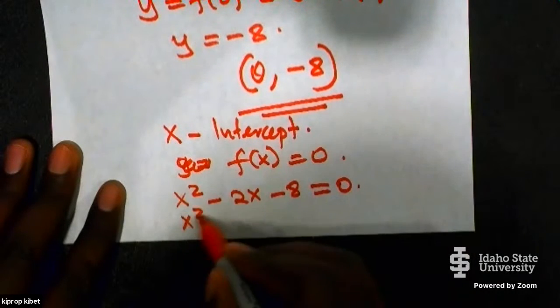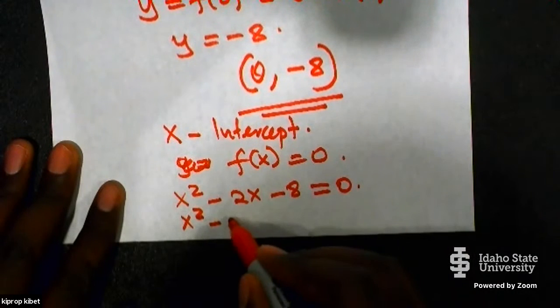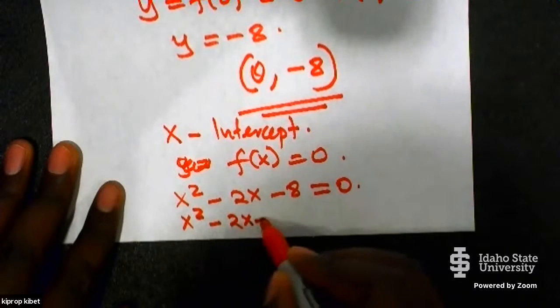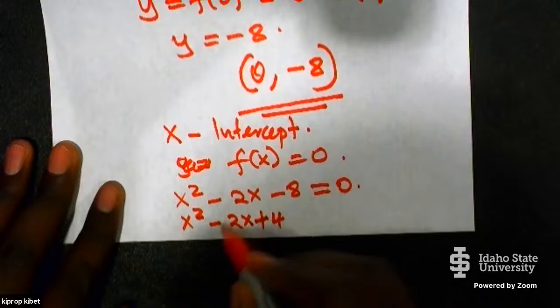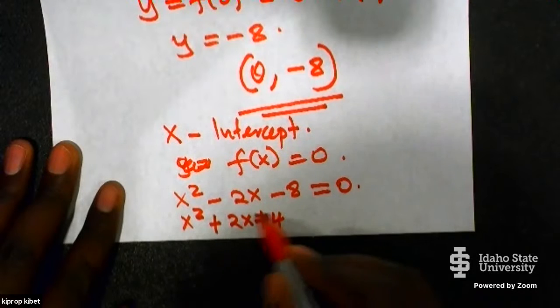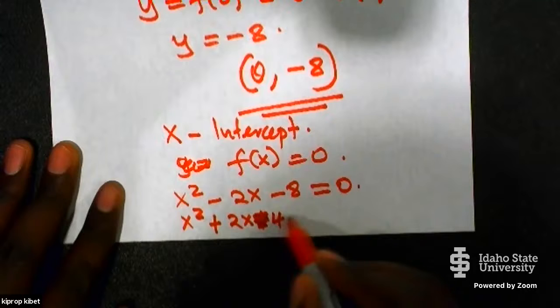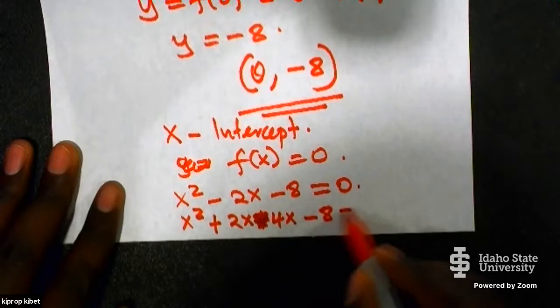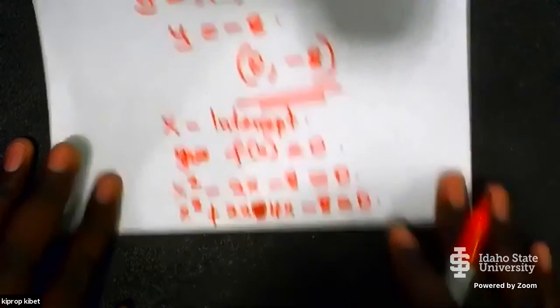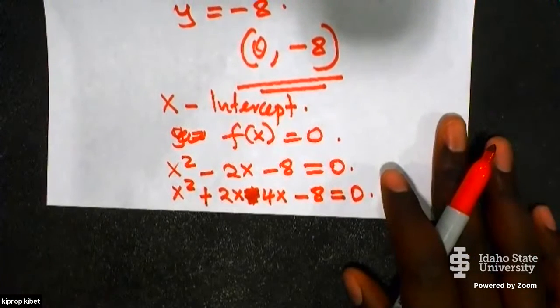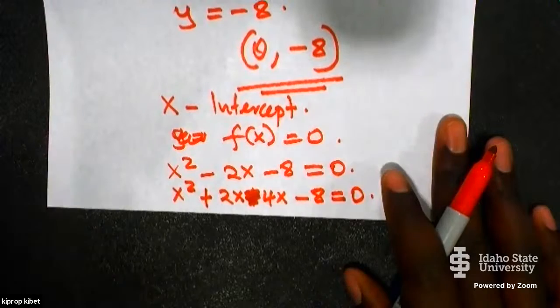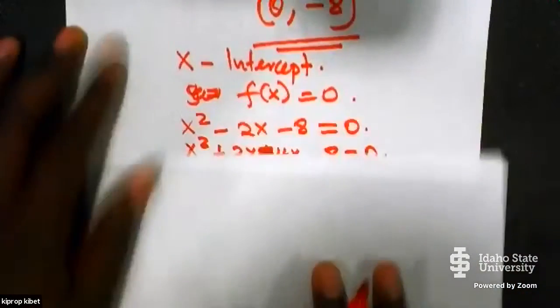So x squared plus 2x minus 4x minus 8 equals 0.